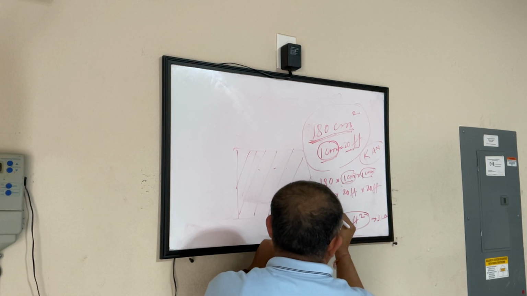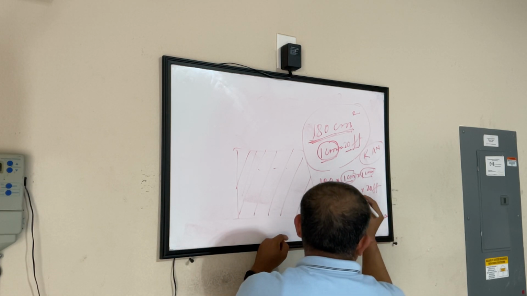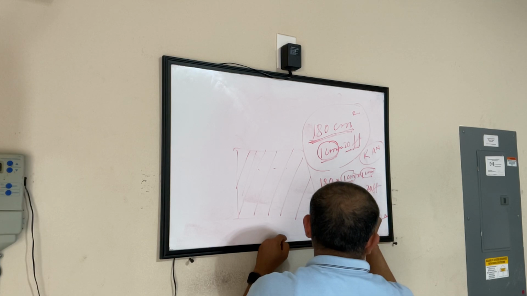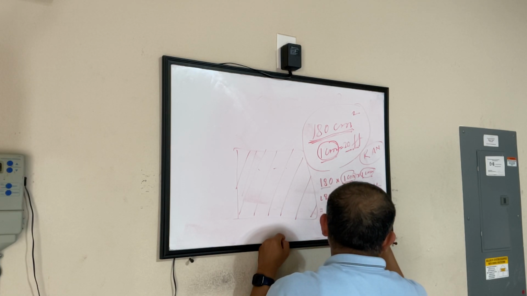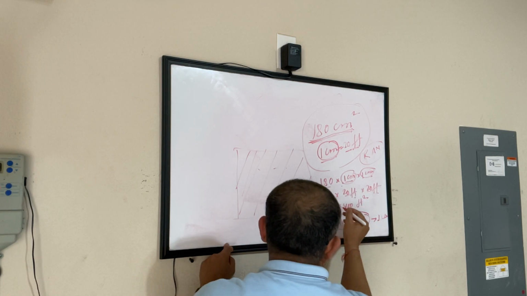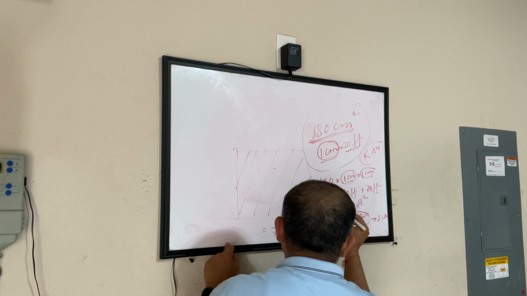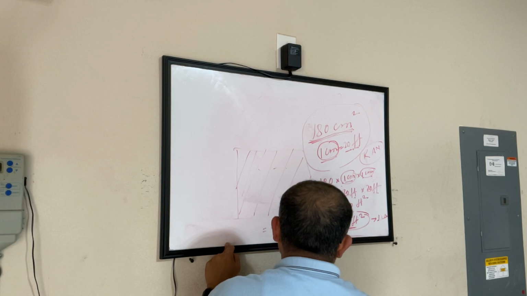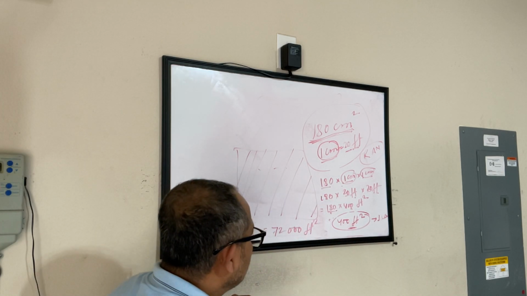It became 180 into 20 into 20 is 400 feet into feet, which is feet square. So this gives me 18 times 4 is 72 and 3 zeros. This is my total area.